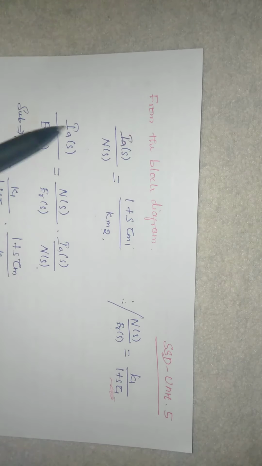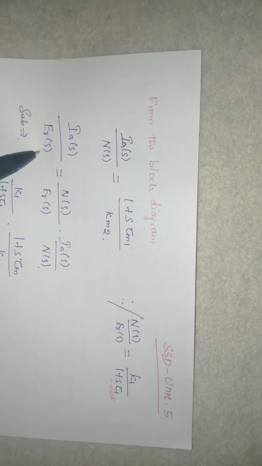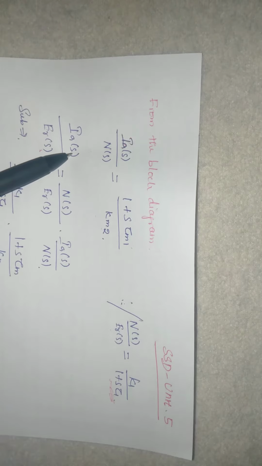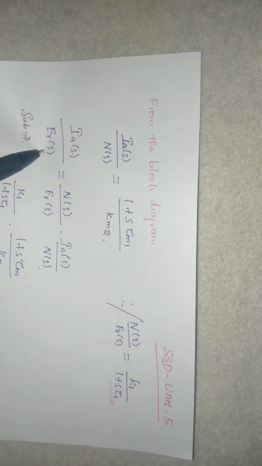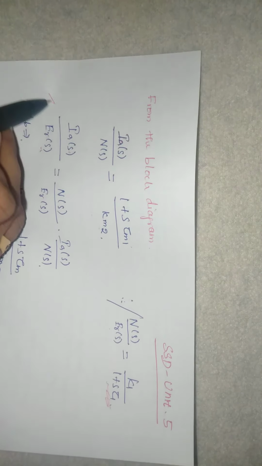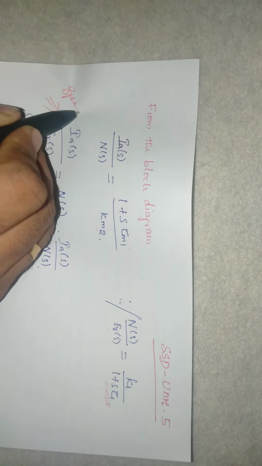Now we have this equation. From the error signal input there must be a change in current. So that may be the output of a controller, and the error signal is the input of the controller. From this section we can say the speed controller takes place.